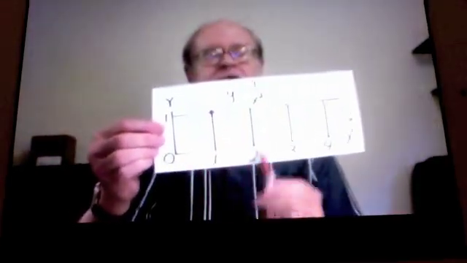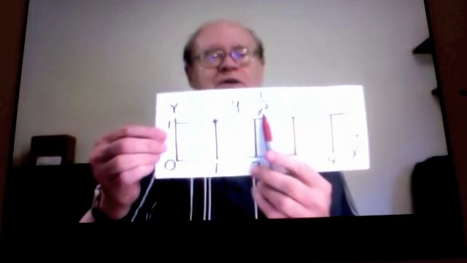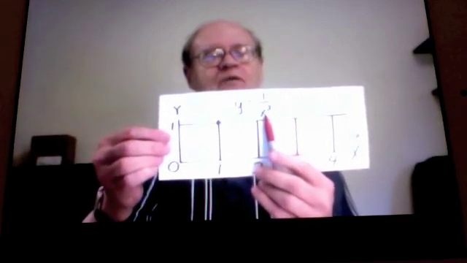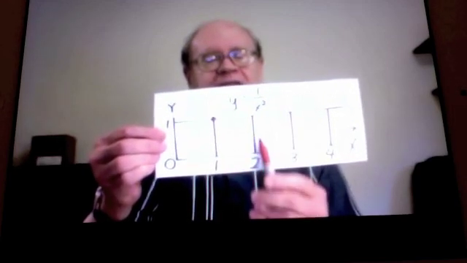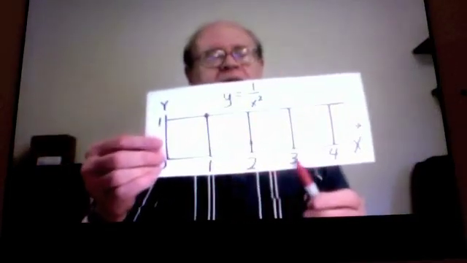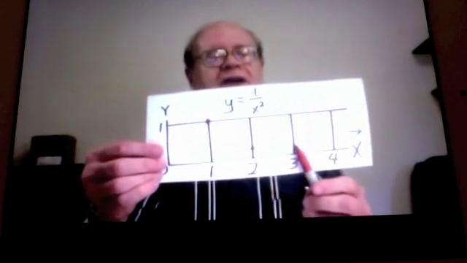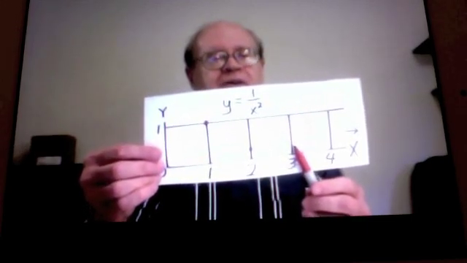When x is 2, y is 1 over 2 times 2, which is 4, 1/4. So I go over 2, and instead of going up 1/2, I go up not as far, only 1/4. That's that point. When x is 3, I go up only 1/9 instead of 1/3, because 3 times 3 is 9.